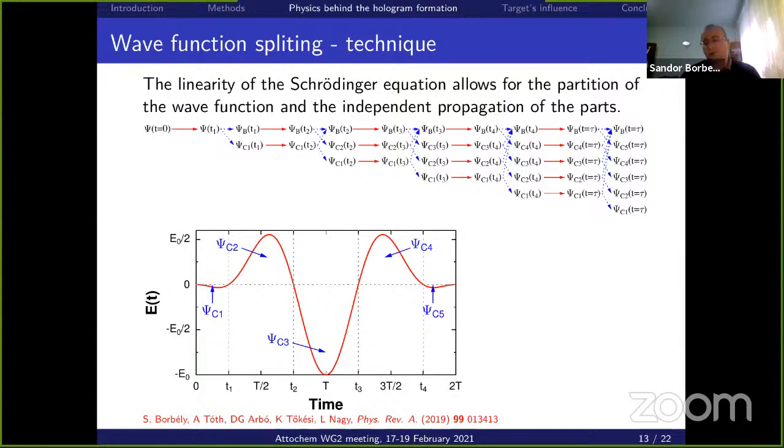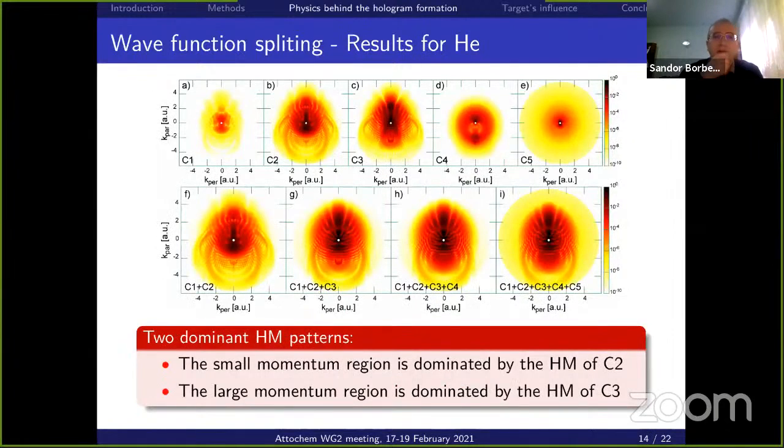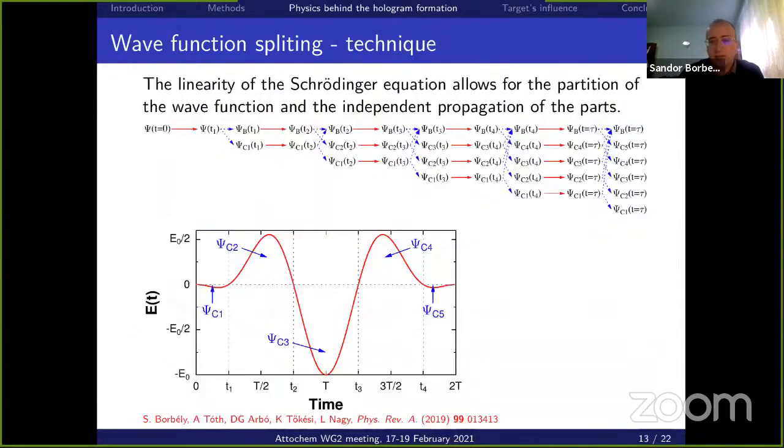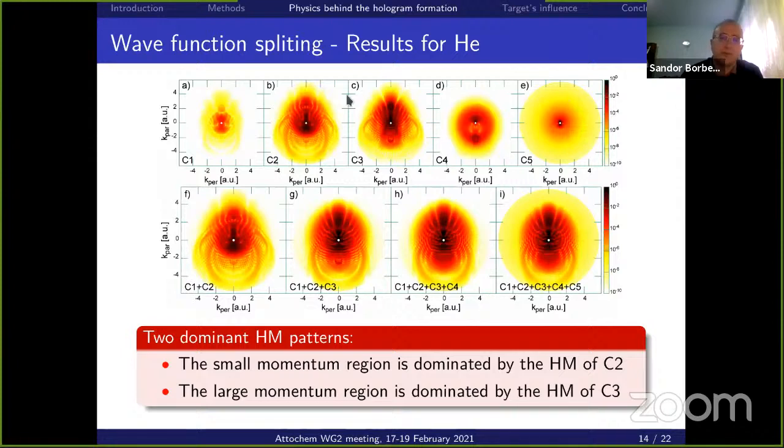And we have applied this wave packet splitting technique to a model helium system. Basically, after we have obtained these partial wave packets, we have calculated the momentum distribution of the continuum electrons for each wave packet, and you have here the C1, C2, C4 and C5 wave packets.